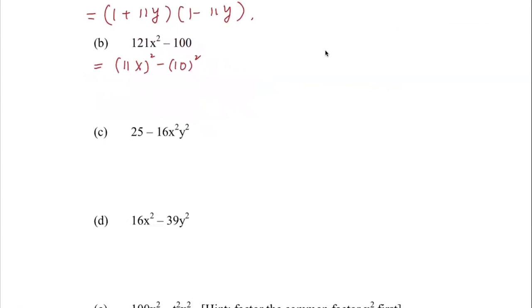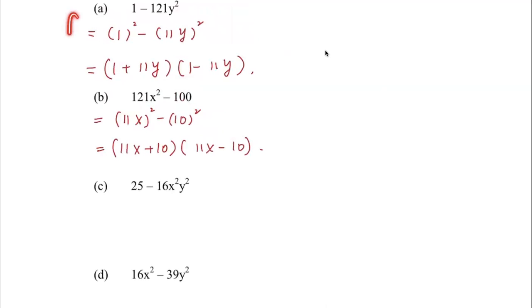So this is also of the form a squared minus b squared. So we can write this as 11x plus 10 times 11x minus 10. Again, these questions are very easy to verify. Okay, if you want to verify the answers, you can simply open the brackets by using the distributive rule.